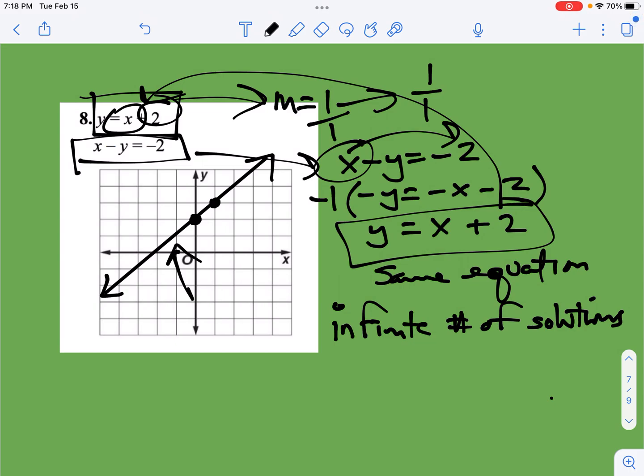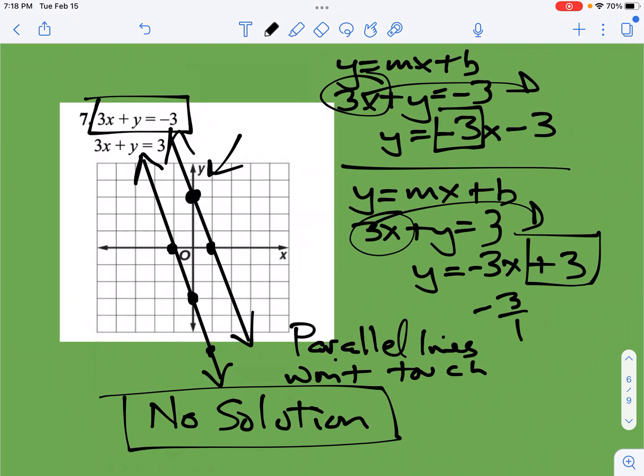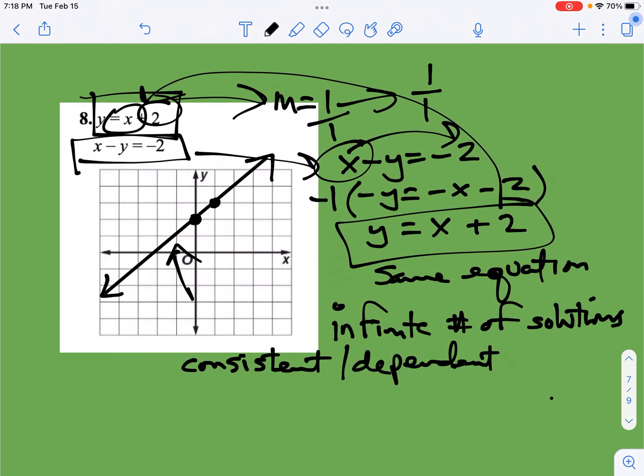And if you guys remember, what we call this is called consistent and dependent, right? And the last one we did in this video, so if we go back up here, this one is just inconsistent. I always forget to do something on all these, but there's a lot going on with these, so it's understandable. So these are kind of like our special cases that you'll see from time to time.